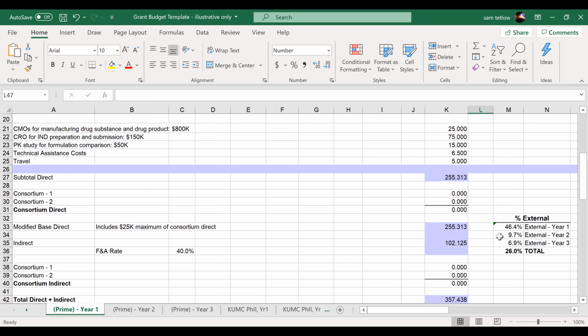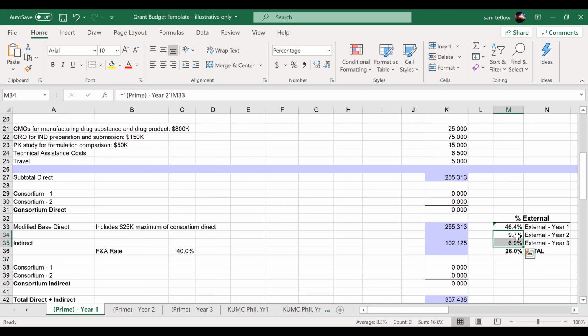So another way to say that is that the amount of money that's spent direct inside the small business concern, which is your company, has to be 50% or greater. Okay, so we have this little fancy calculator that calculates how much is external in each of the years, and you can see here that we are below the 50%, which means that the balance is spent inside the small business, much more than 50%.